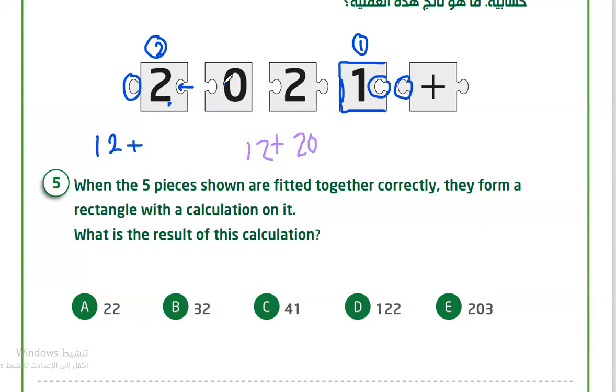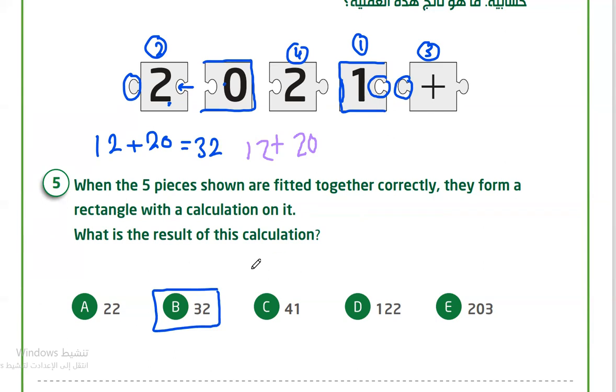Then the last one is number 3, and here will be number 4, it's 2, because this side is from the right, so put it last. Then you add them: 12 plus 20 is 32. So the answer is B. Right, good job.